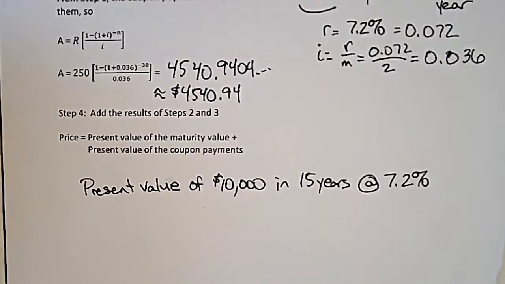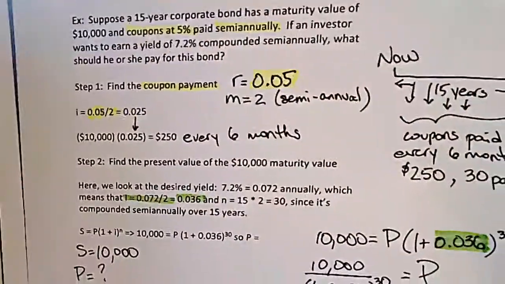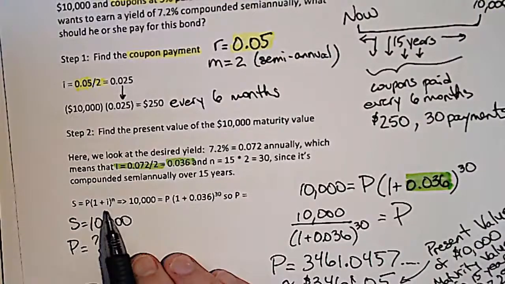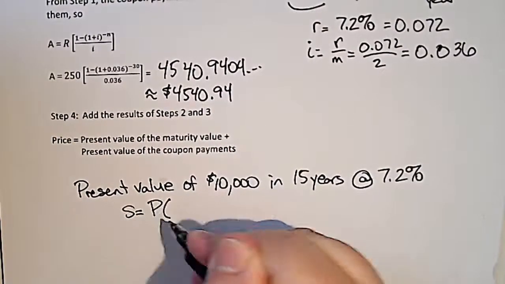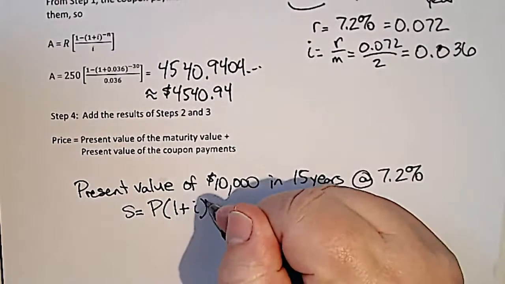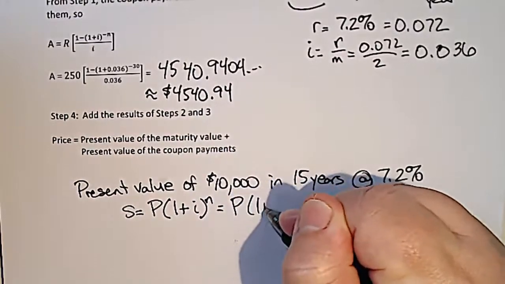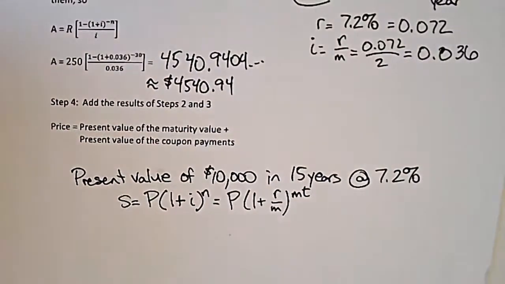This part was on the first page, this present value. It was this part right here at the bottom. We used S equals P times 1 plus I to the n formula, but you could also use the 1 plus R over M to the MT, your choice, to figure that out.